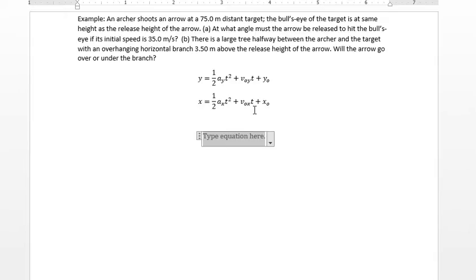So we've already mentioned we know a few things about this. First, what's the final y position? It's 0, right? What's the y acceleration? Well, that's going to be minus 9.8 meters per second squared because of gravity. What is the initial y position? 0, right?